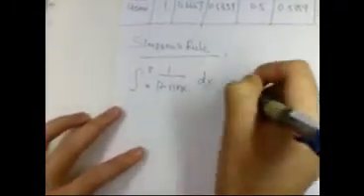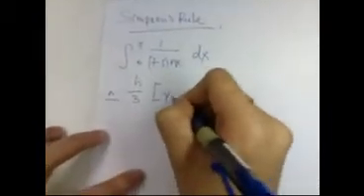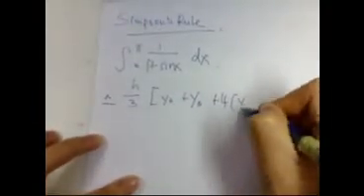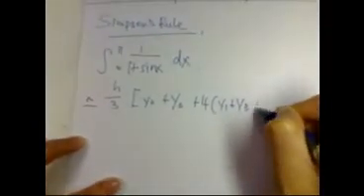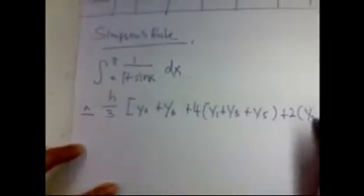Okay, this is our function, and the formula for Simpson's rule is different from trapezoidal rule. This is the formula: y0 plus y6 plus 4 times (y1 plus y3 plus y5) plus 2 times (y2 plus y4).